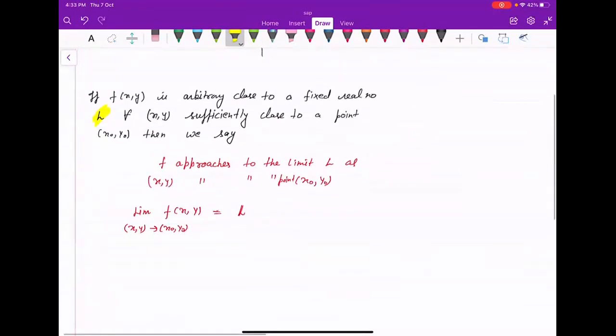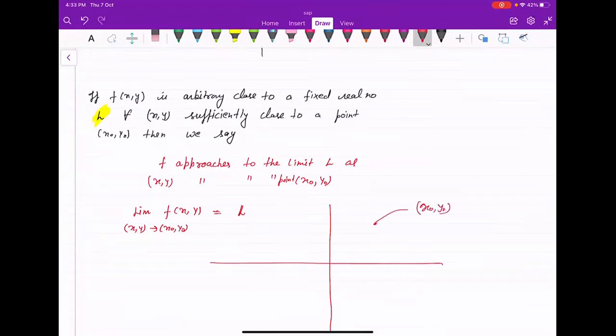Let us understand it graphically. Suppose this is the point (x naught, y naught). And we are saying (x, y) is any general point. But here it is in two dimensions.